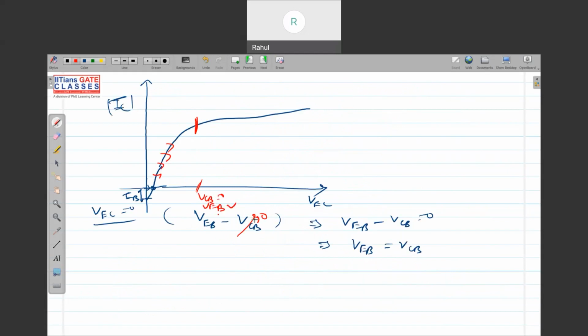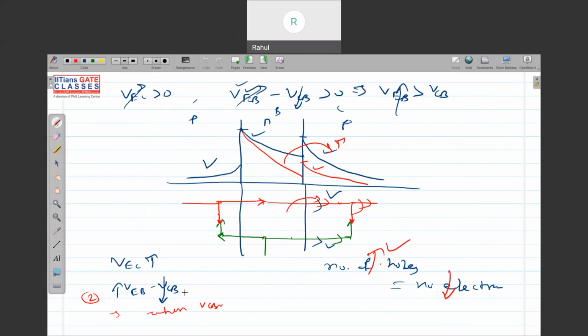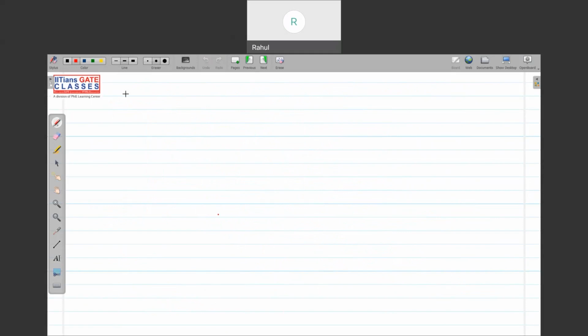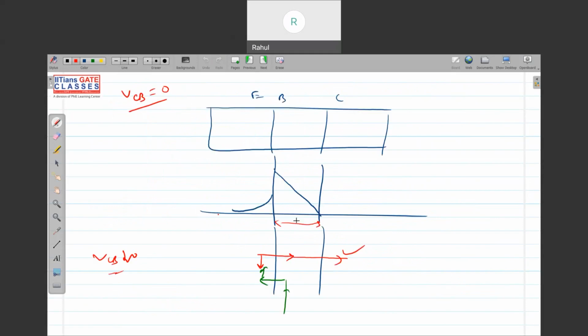And then again, if I go like this and increase VC more, VCB is negative now. If VCB is negative, what will happen? This junction will move towards this one.